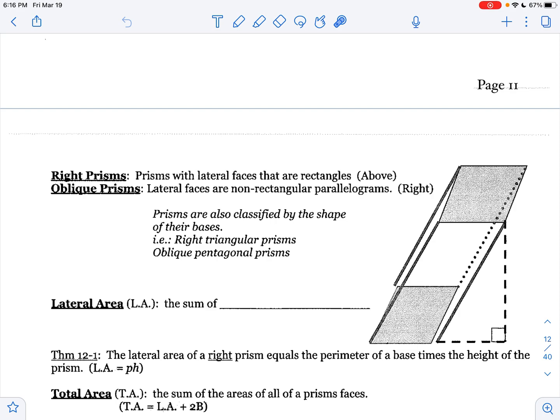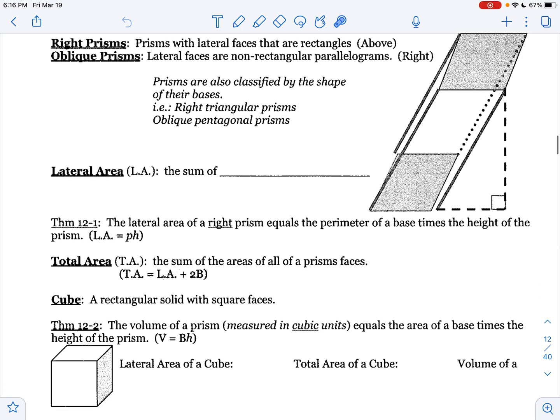We have to calculate what the altitude is by dropping from the top vertex of the base a perpendicular segment to the horizontal that is formed with the edge of one of the bases down below. And so that's beyond this course. This is more of an advanced topic. So when we discuss the three main calculations below, it will be pertaining to right prisms.